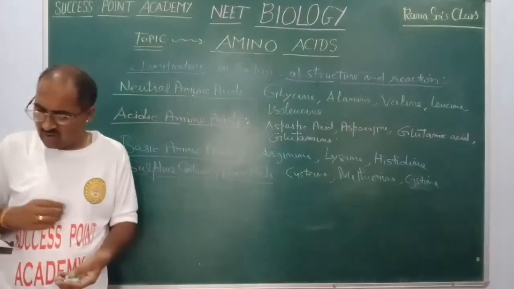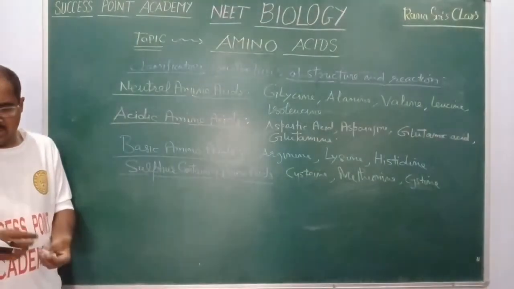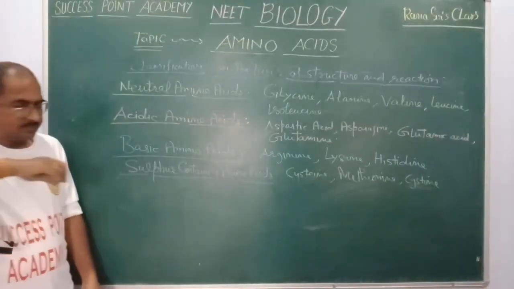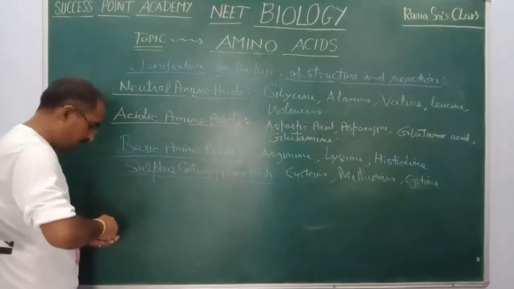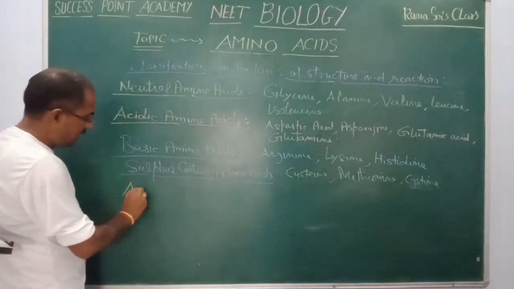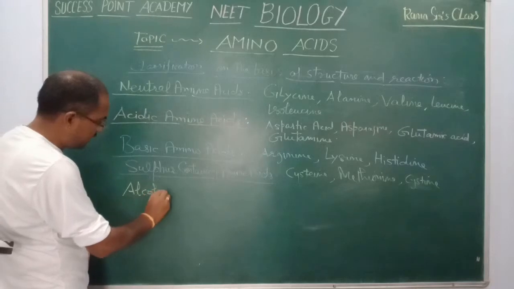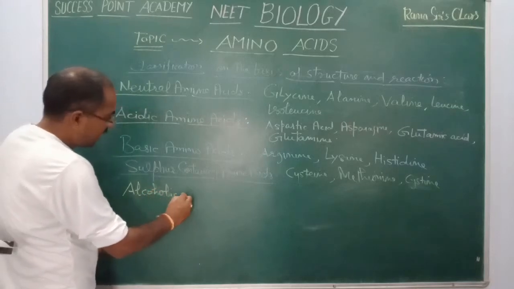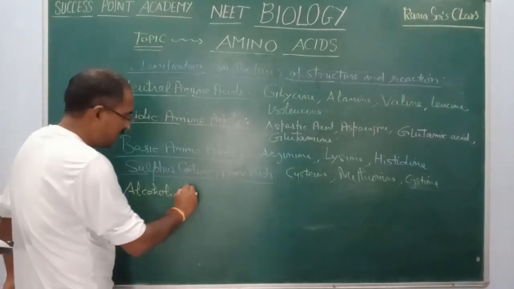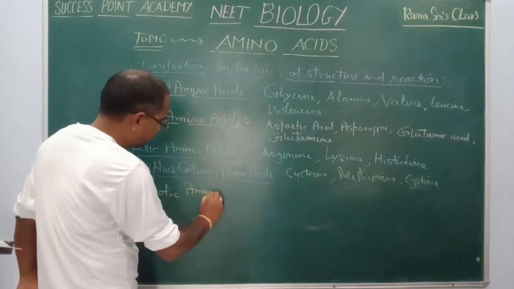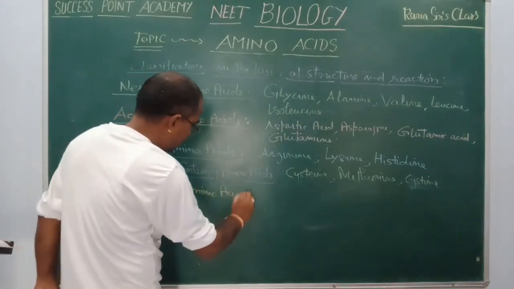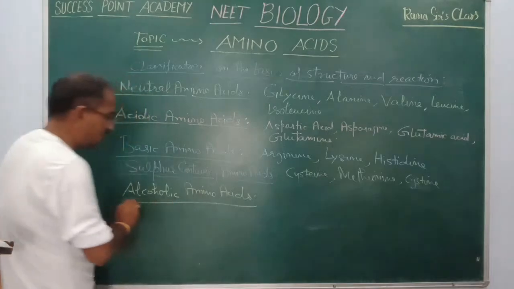Then we have alcoholic amino acids. Write it down. Alcoholic group containing amino acids. Yes, there will be an OH group in these.